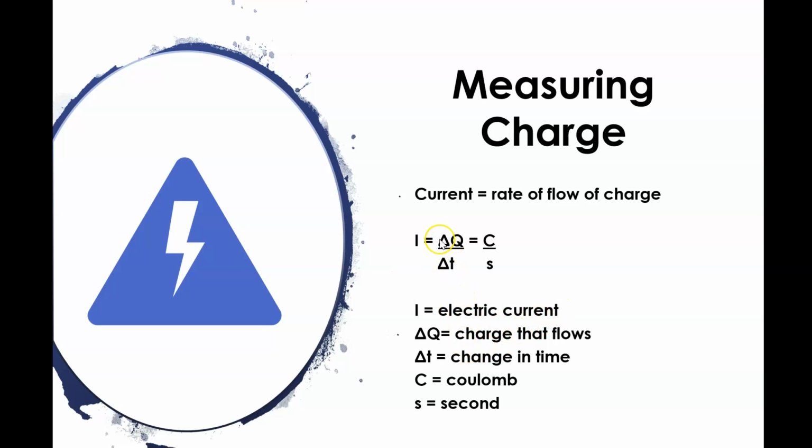This triangle, as you should know, means delta, or change in. So the current is equal to the charge that flows, delta Q, over delta T, the change in time, which is equal to coulombs per second. The unit we use to represent current is amperes, or amps.